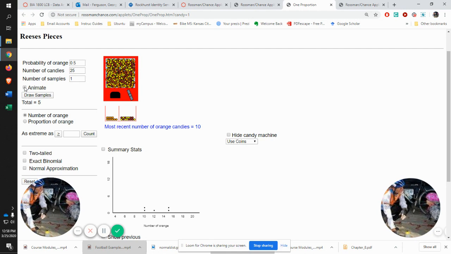I'm going to stop animating and draw 10 samples at a time. You can see how they came up. We got one down here with just 7, and another maybe with 14. Let's draw another 10 samples, and another, and another.